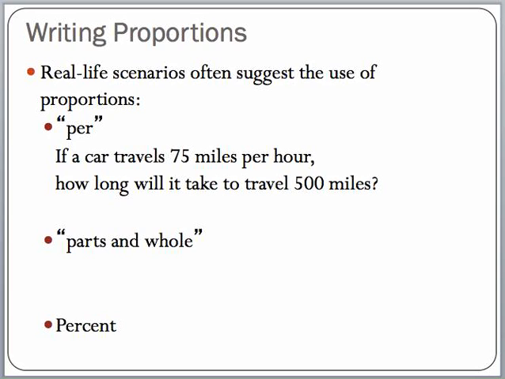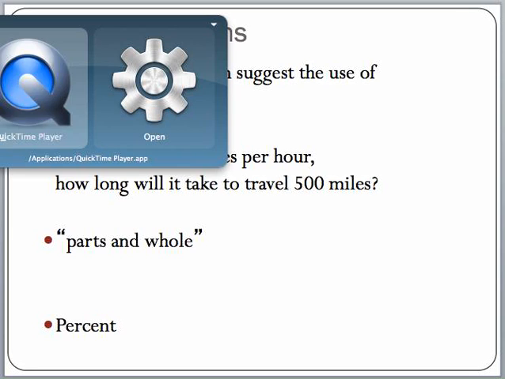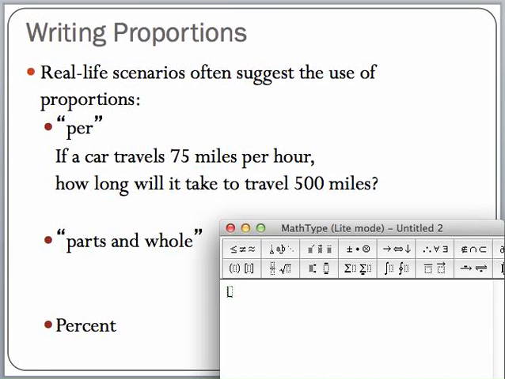If a car is traveling at 75 miles per hour, how long might it take to travel 500 miles? To set that up with a proportion, let me bring up my equation editor here. I'm going to write two different fractions.